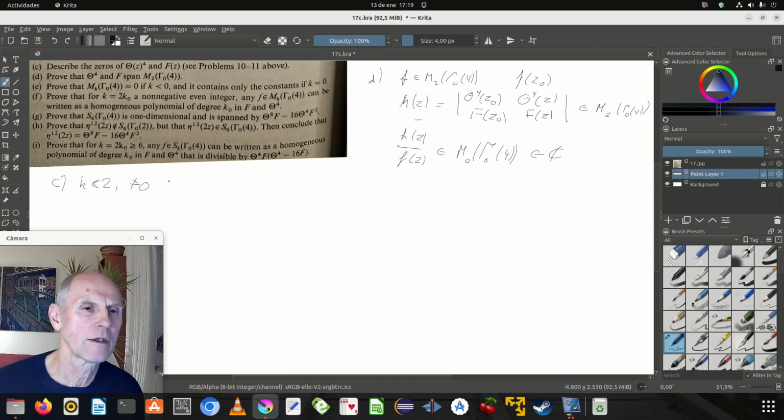Then there are no zeros, but the constants are not modular forms except when k is naught. So the only function where we can't use the k half, that's the null function, so that works. So that's the null space.